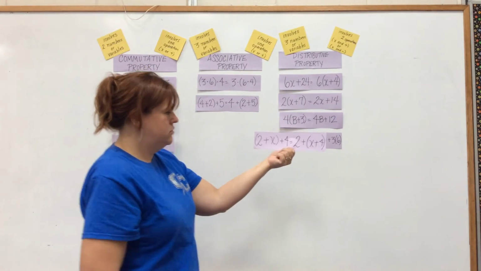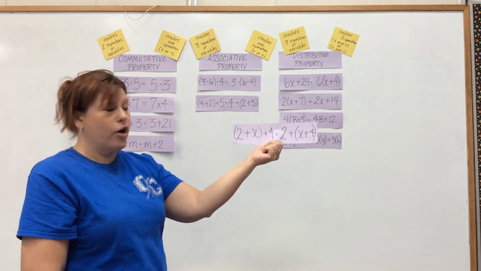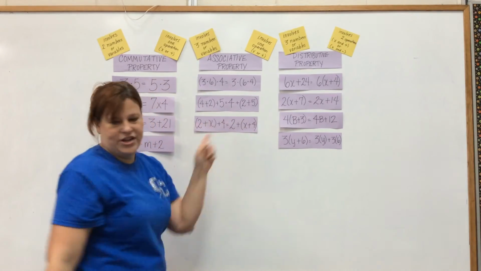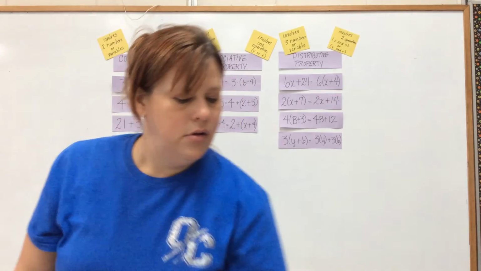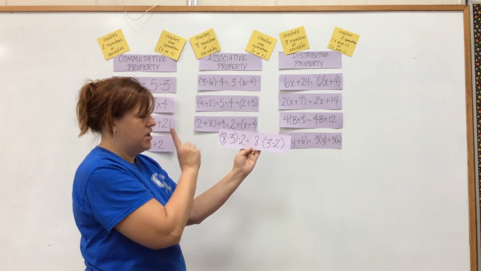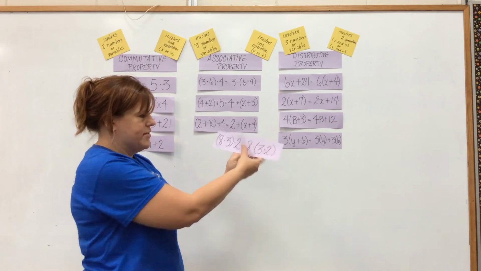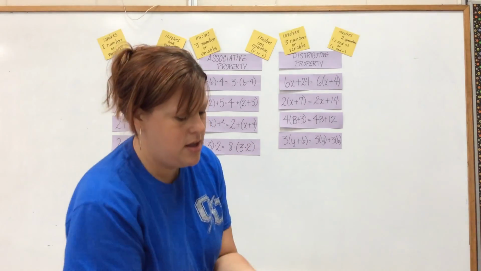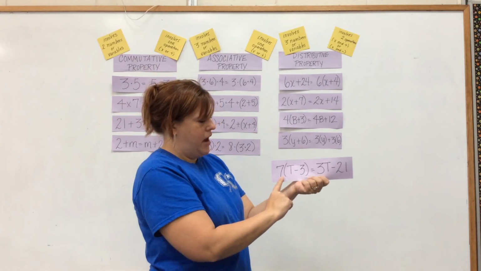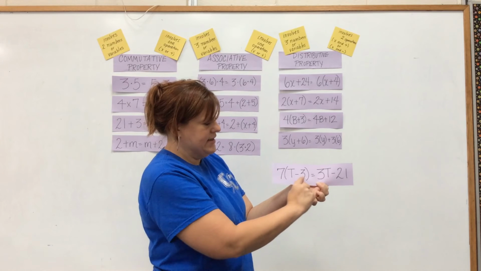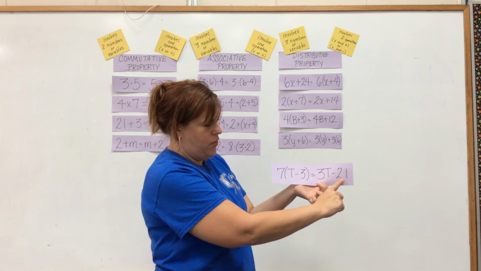This one, okay, all about grouping. 3 different items, one operation, it's associative. Okay, I'll look at this one. 3 different things, one operation, it's about grouping, so it's associative. This one, I'm distributing the 7 to the t to get 7t, and 7 to the 3 to get 21.